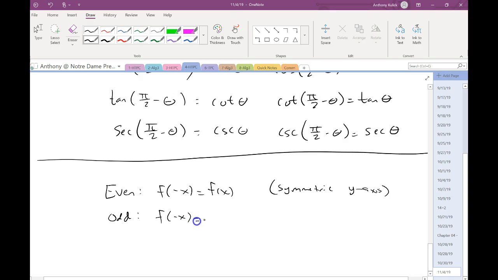And then for odd functions, we describe them as f of negative x is equal to negative f of x. What was this? Was it 180 degree point symmetry about the origin?